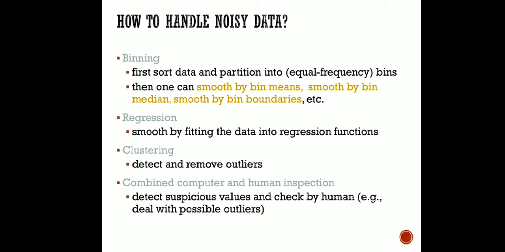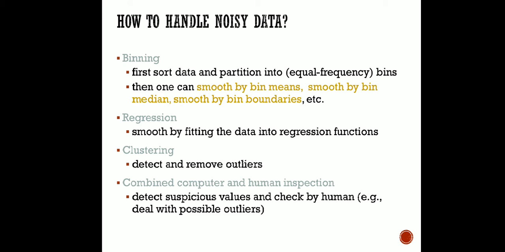But for now we will see a very small introduction to regression as well. If you are interested in binning, you may go through the ebooks that I have shared, or in the study materials you will get an introductory portion of binning. Here what we actually do is first sort the data and partition them into equal frequencies, meaning equal divisions.